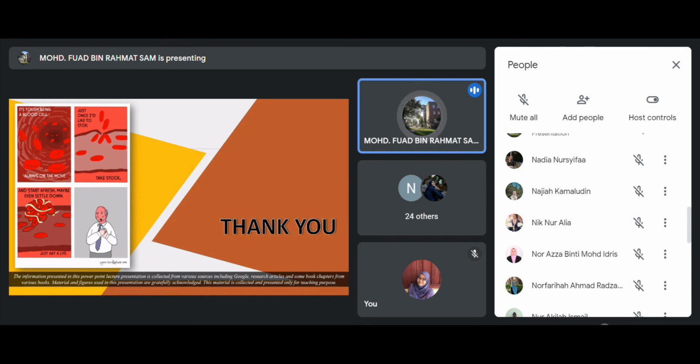Then there is a summary table that I provided, which involves the platelet count, PT, APTT, TT, and also the fibrinogen level. Also there is a list of platelet function tests.